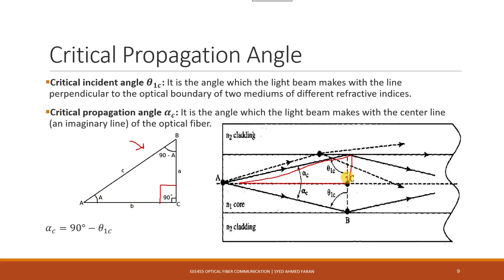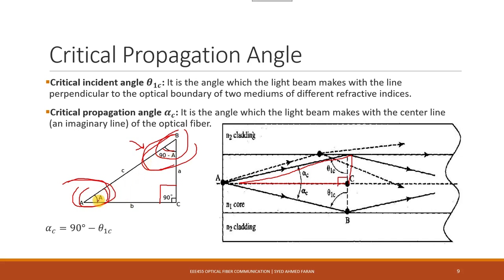So we know that this angle is 90 degrees, and the remaining two angles can be found using their differences. If this is 45 degrees, then this is also 45 degrees. If this is 80 degrees, then this must be 10 degrees, and so on.